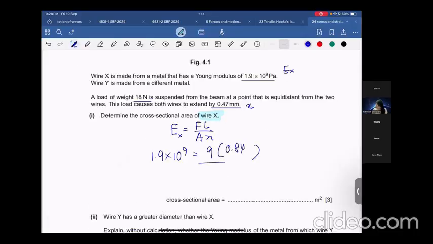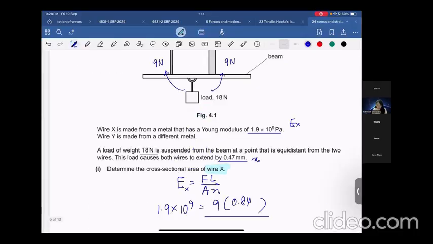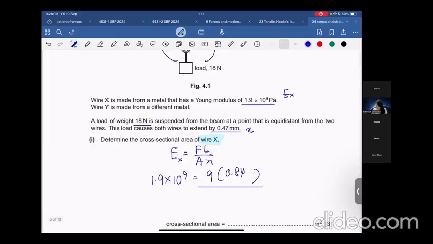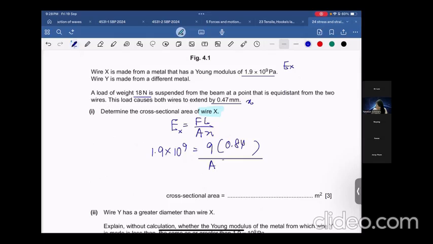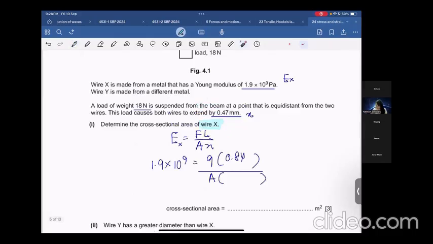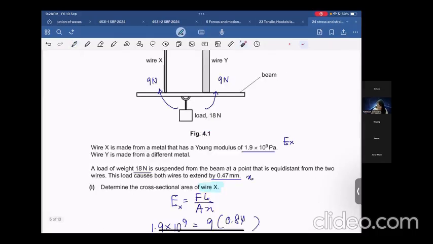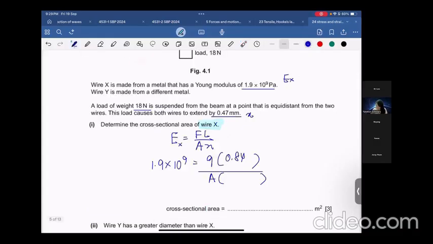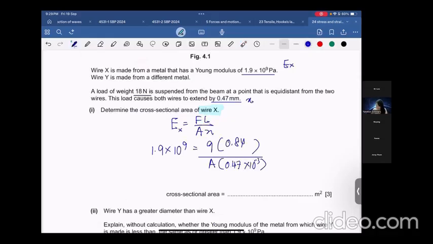What is the area? Is there any mention of the area? Oh, we are finding the area. What is your extension? Both wires extend 0.47. So we only apply 0.47 times 10 power of negative 3.